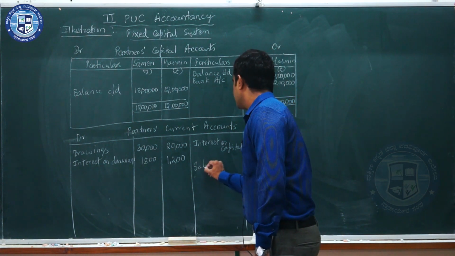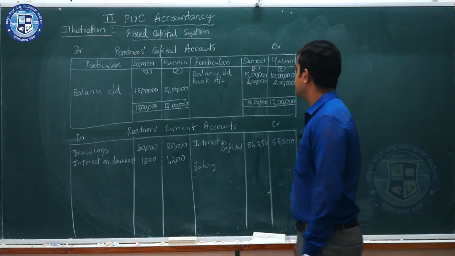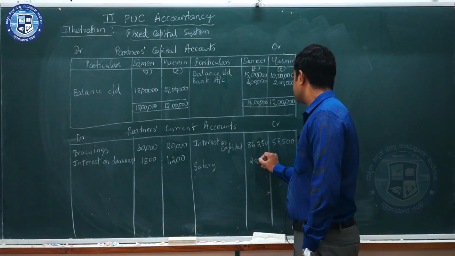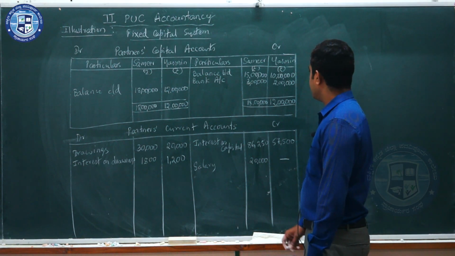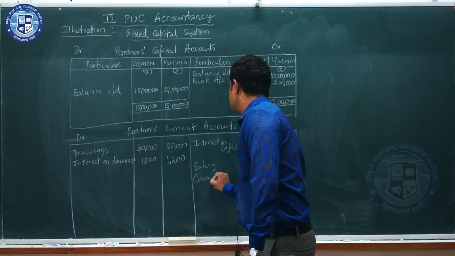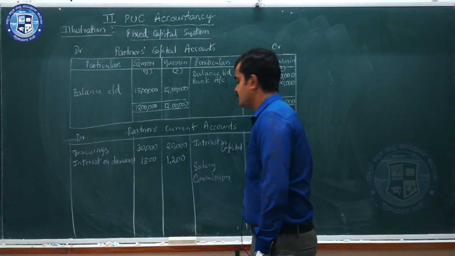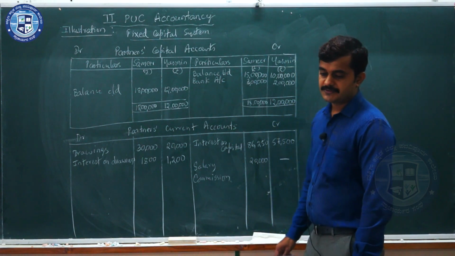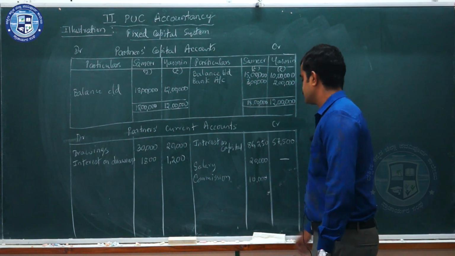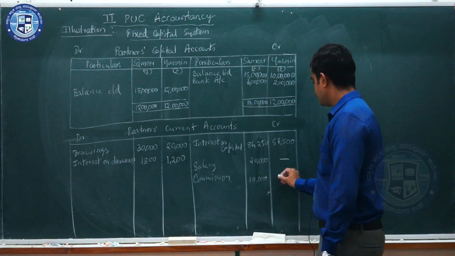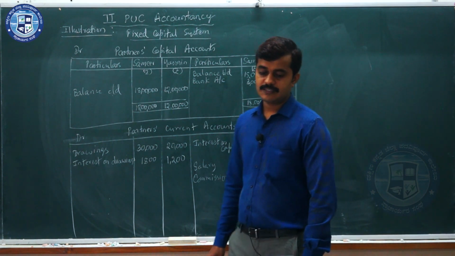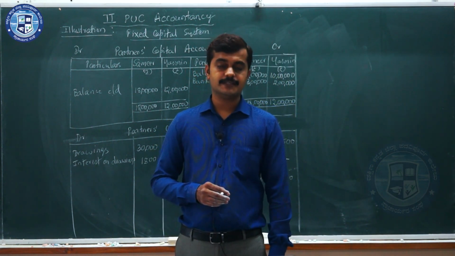So salary on the credit side for Samir only, it is 20,000 and Yasmin is not going to get any salary. Next is commission to both partners. Samir has 10,000 and Yasmin 7,000.